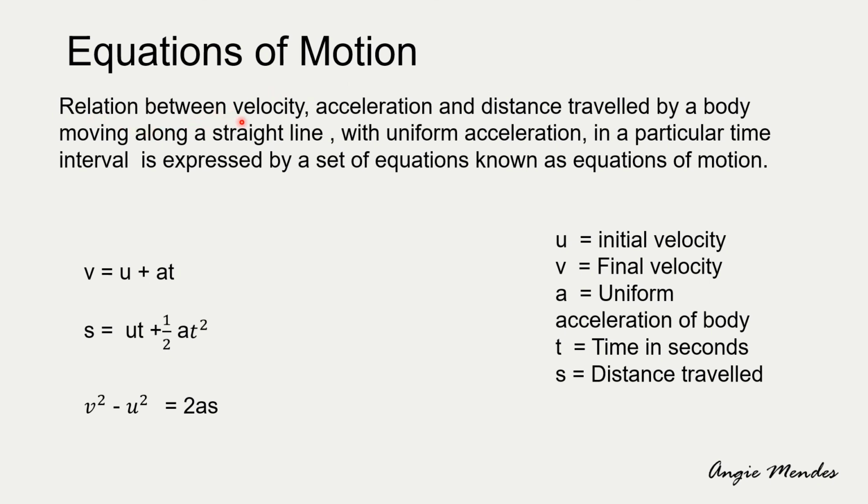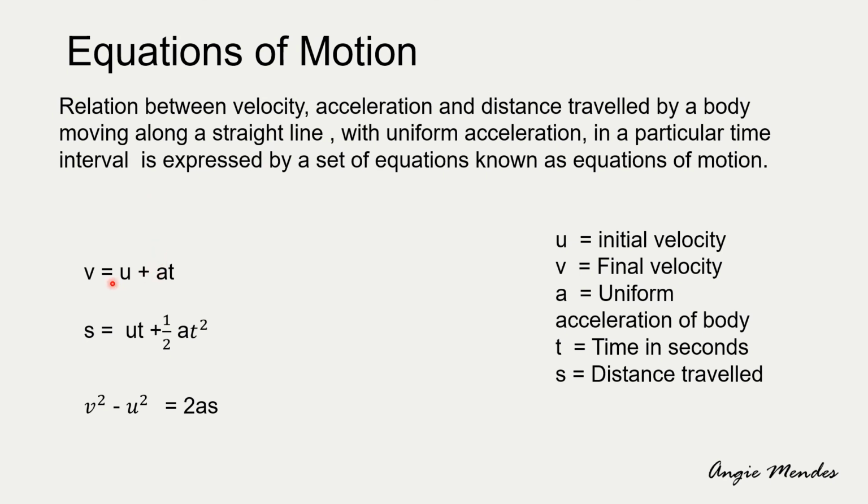The relationship between velocity, acceleration, and distance traveled by a body moving along a straight line with uniform acceleration in a particular time interval is expressed by a set of equations which are known as equations of motion. So basically, equations of motion relate velocity, acceleration, distance, and time.